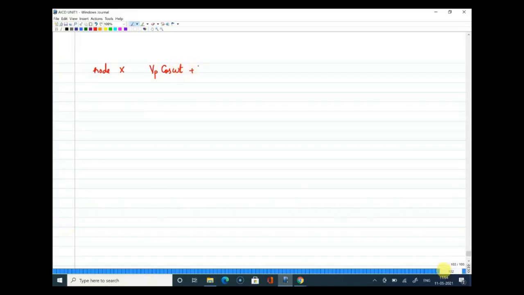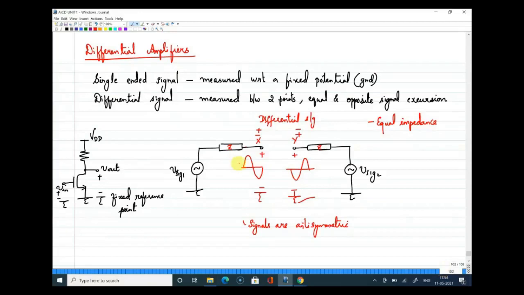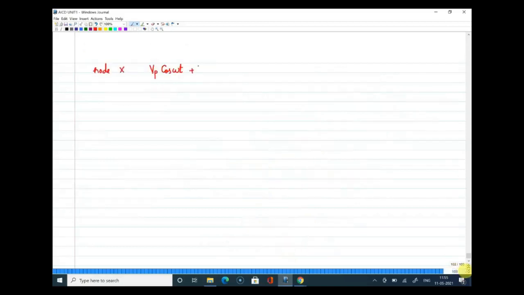One more thing you need to understand here is that the signals are swinging on a DC voltage, and this DC voltage we generally mark as VCM. The DC voltage on which the signals are swinging, we call it the common mode voltage. This VCM is called the common mode voltage, right?